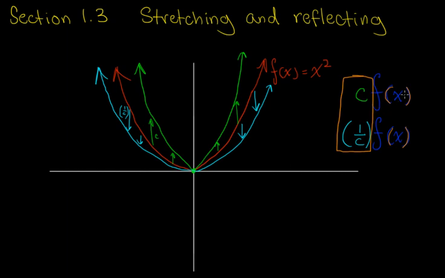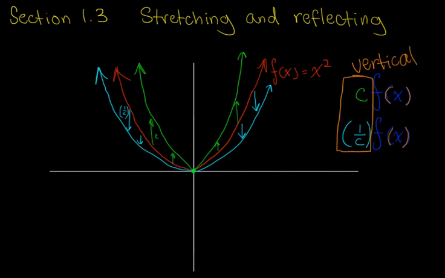So if our entire function is being multiplied by a constant, or divided, you could say this is divided by c, but it's really being multiplied by a fraction, 1 over c. If this is the case, and our constant is outside of the argument, then it is a vertical transformation. I'm just going to write it here for all y'all.